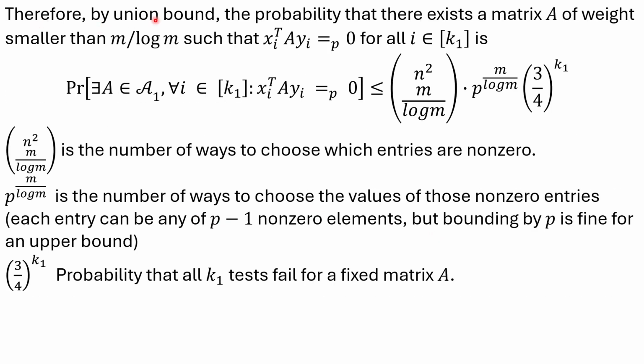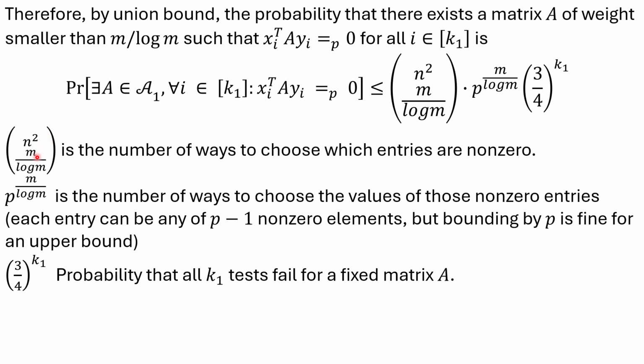Therefore, by union bound, the probability that there exists a matrix A of weight smaller than m divided by log m such that xi transpose A yi is equal to 0 for all i in k1 is less than this right here. We will go over each term one by one.